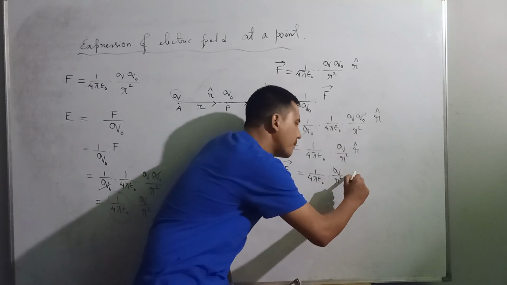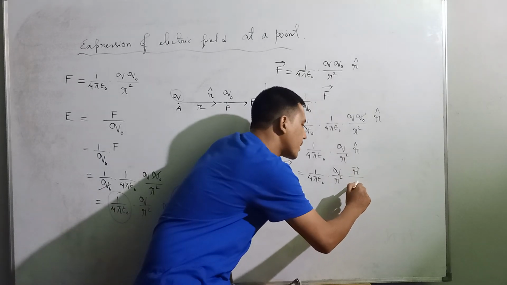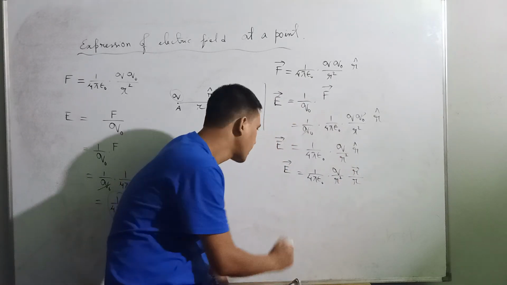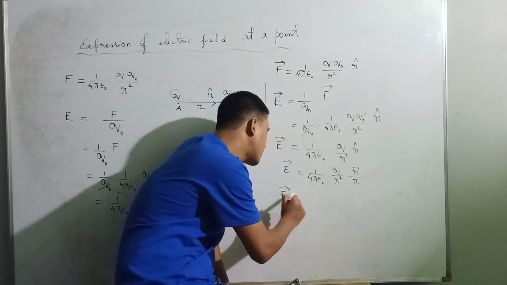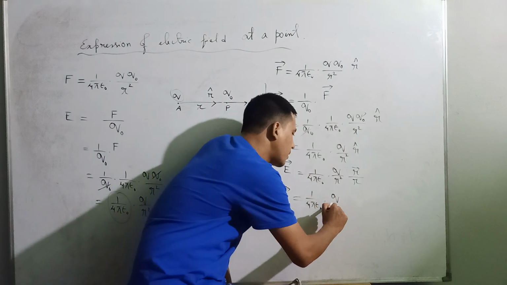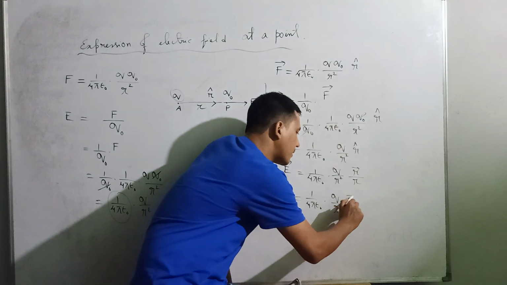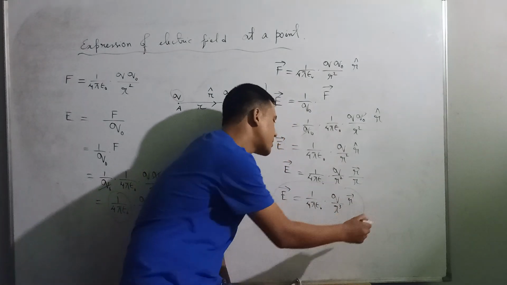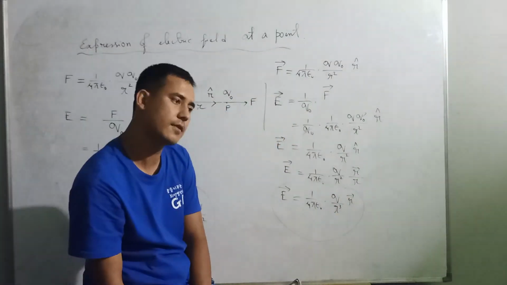Unit vector R cap means vector R upon magnitude of R. So your electric field E will be 1 by 4 pi epsilon naught into Q upon R cubed with vector R. This is the expression for electric field in vector form.